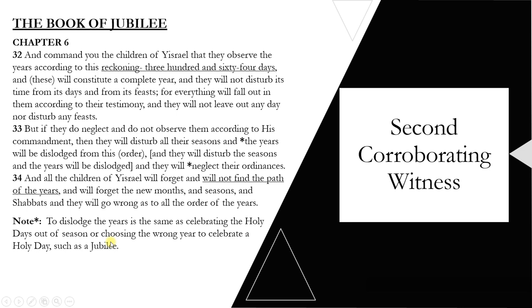So I want you to note that to dislodge the years is the same as celebrating the holy days out of season, or choosing the wrong year to celebrate a holy day, such as the Jubilee. The Jubilee is every 49 years, add one. You can't just celebrate Jubilee any year you want. You can't say, well, I'll have a Jubilee every year. It has to be done according to how he tells us to compute it.